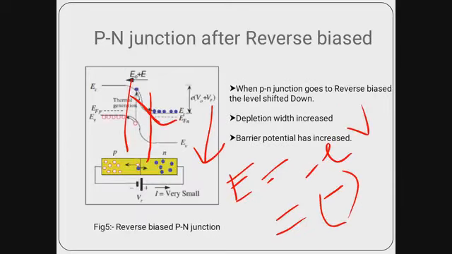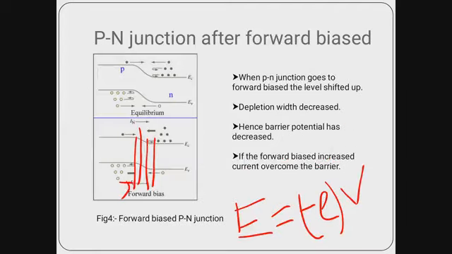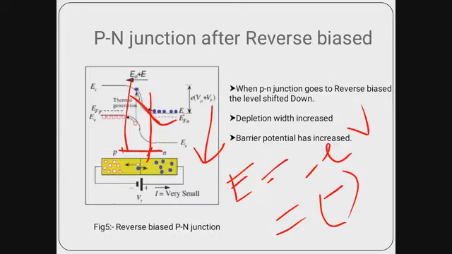If we compare this structure, here the width of the depletion layer is much more as compared to this one. So we are getting a small amount of current in reverse biased situations.